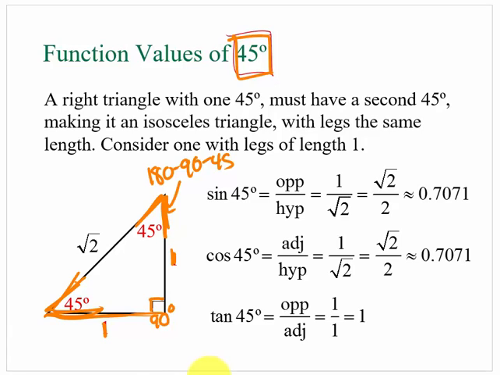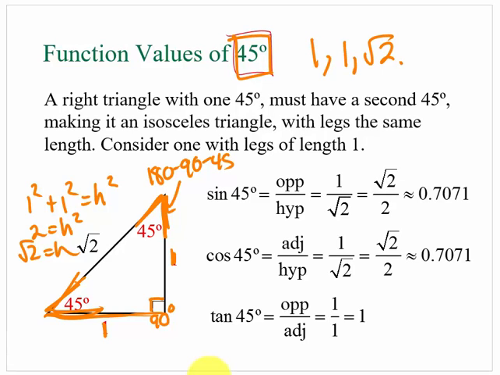Now, how we get the root 2 is by using the Pythagorean theorem, because it's a right angle triangle. 1 squared plus 1 squared is the hypotenuse squared. So we have 2 is equal to the hypotenuse squared, and that means that the hypotenuse is equal to the square root of 2. So for our 45-degree triangle, we have 1, 1, root 2 lengths for our sides.